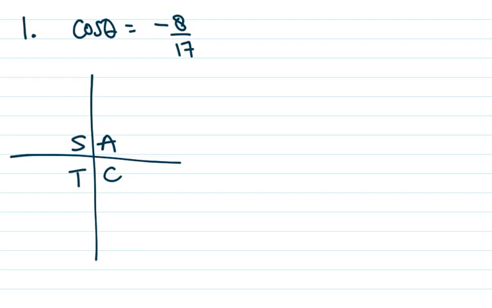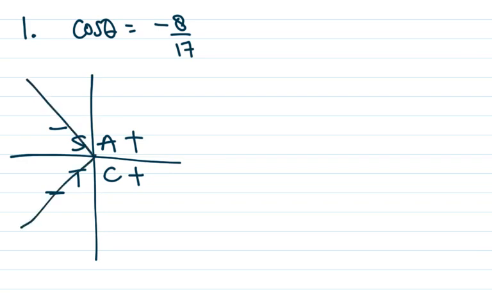So where is this going to happen that we end up with a ratio of negative 8 over 17? So cos is positive here because it's a C. The first quadrant, everything is positive. It's negative in quadrant 2 and it's negative in quadrant 3, which means that these angles are going to occur in quadrant 2 and 3.